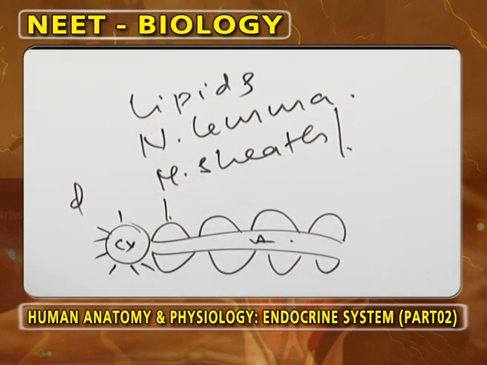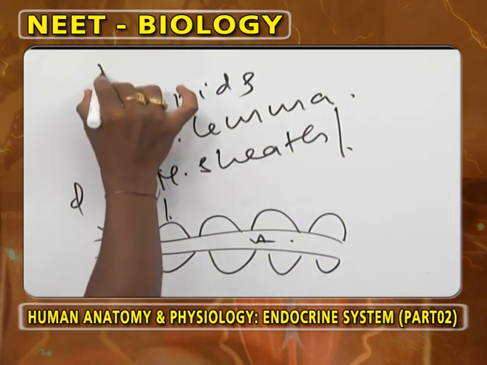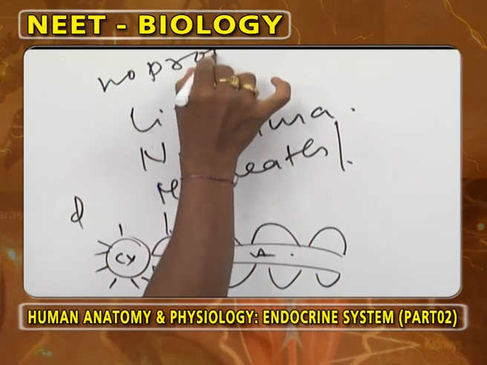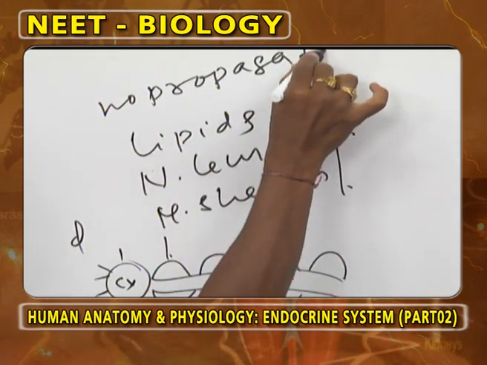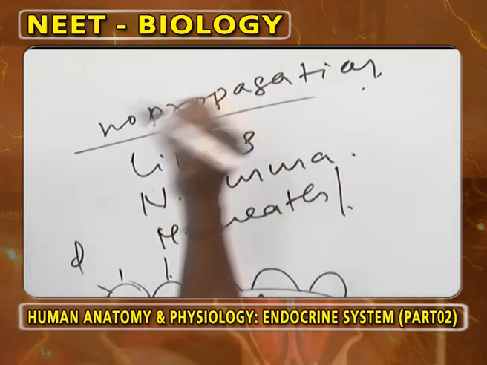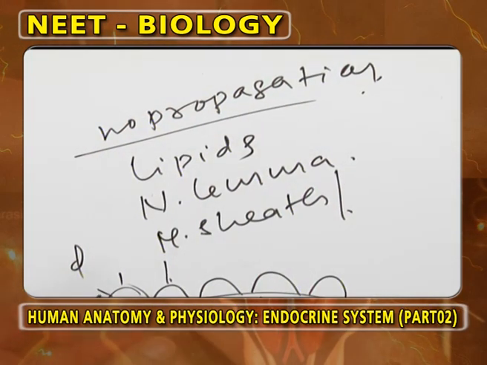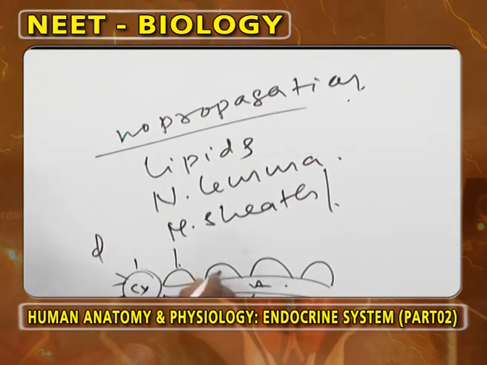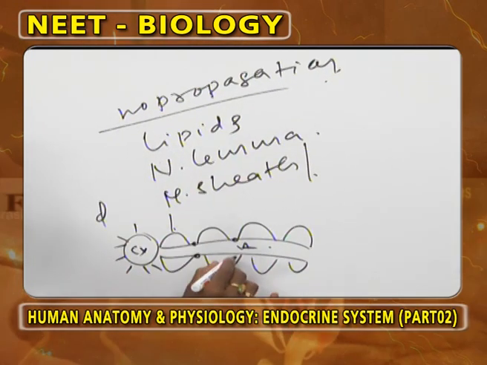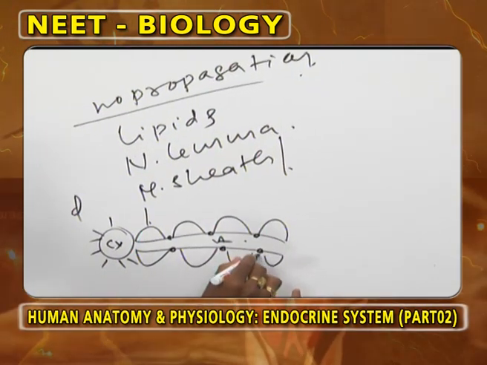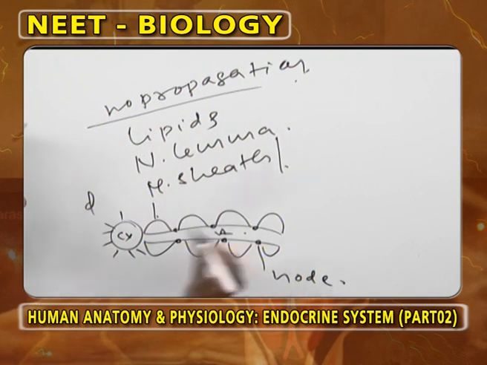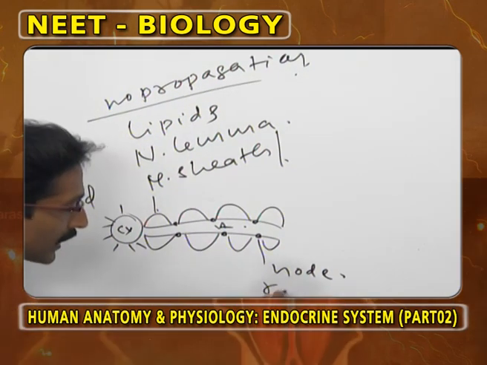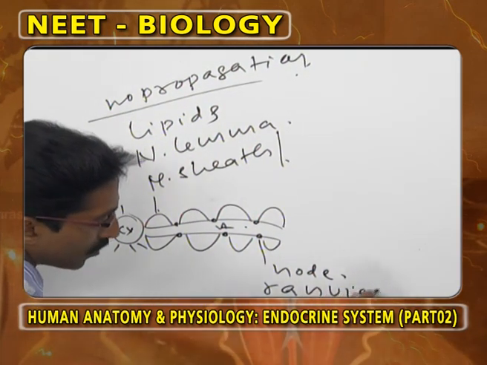Where the myelin sheath is present, there is no propagation. There is no passage of impulse. So, in myelinated axons, where myelin is absent, that place we call a node. That node we call the Ranvier node.